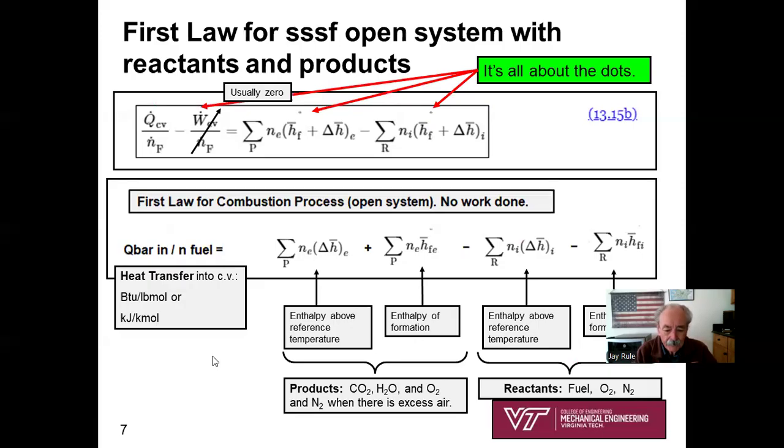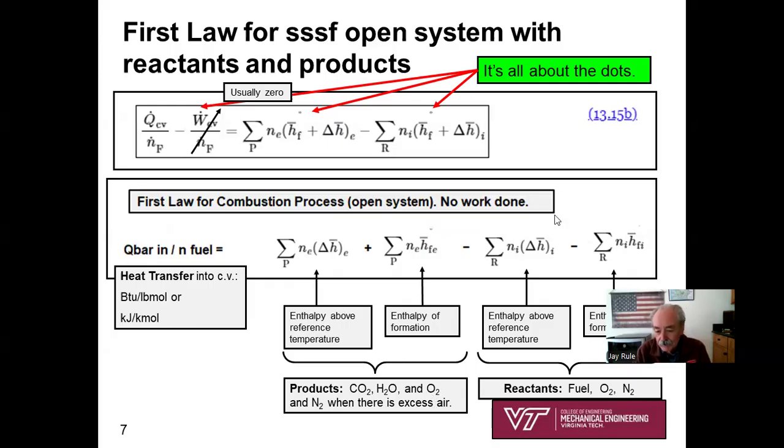Okay, enthalpy above a reference temperature of the products. We're going to add the sum of the enthalpy of formation of the products. That's what's going out. In other words, the products over here involve CO2, H2O, nitrogen, and when you have excess air, oxygen.